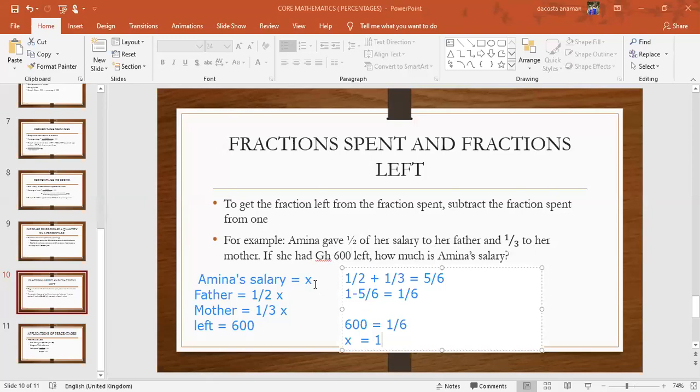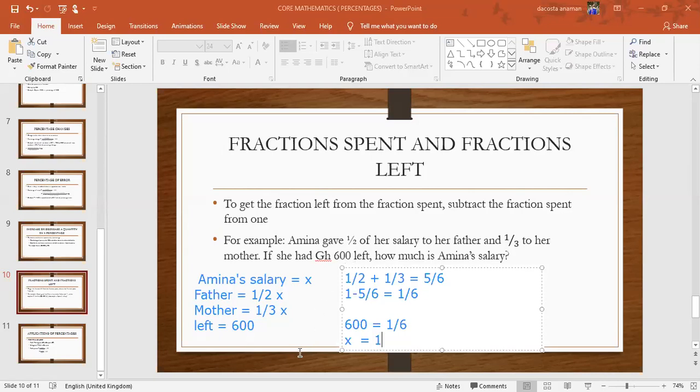But you give half of that money to your father. So half of that money will be half of X to your father. Then you give 1/3 of that money to your mother. So that will be 1/3X. Now the amount that is left after giving that money out is 600 Ghana cedis.